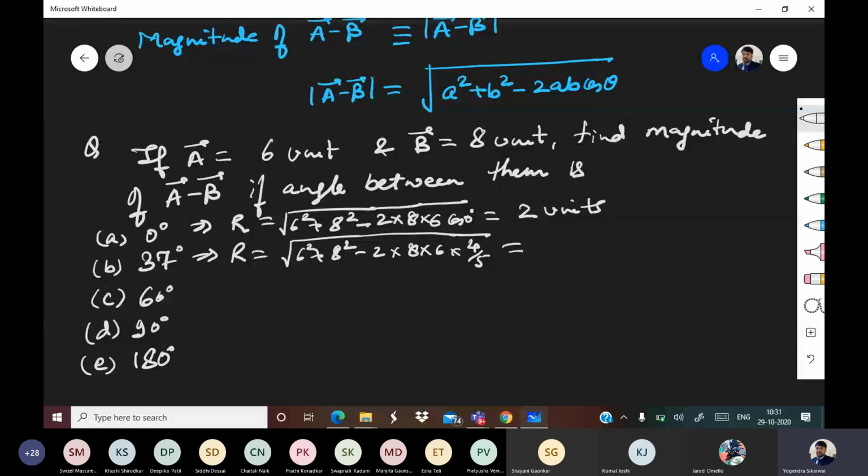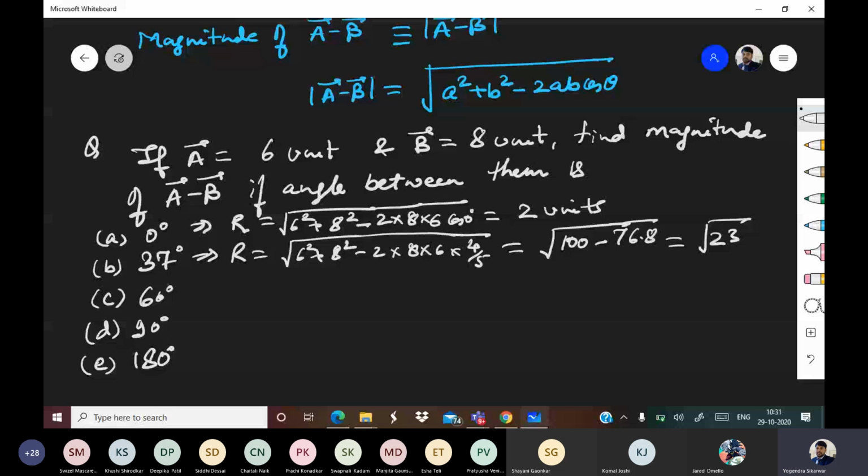So that will give us root of 100 minus 8 into 6, 48 into 2, 96, 96 into 4 divided by 5. So that comes out to be 76.8. So overall it will be root of 23.2. We are leaving it like this. You can solve it further also.